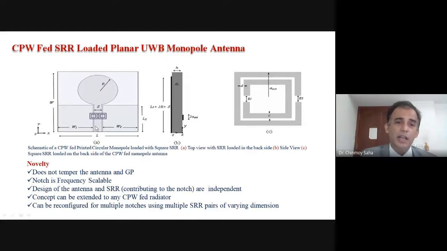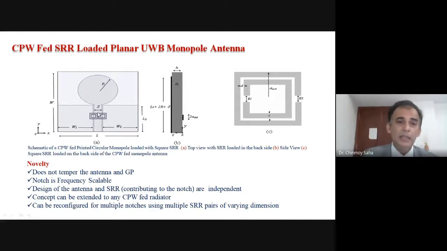Thereby, some frequency components around the resonance frequency of the SRR are inhibited by these resonators, and the antenna radiates over the entire frequency range excepting those frequencies. This frequency, as I have shown at the very first leg of my presentation, is based on the resonance frequency of the square split ring resonator that you can calculate using the closed form expressions that I have described earlier, right? So these are the resonators.